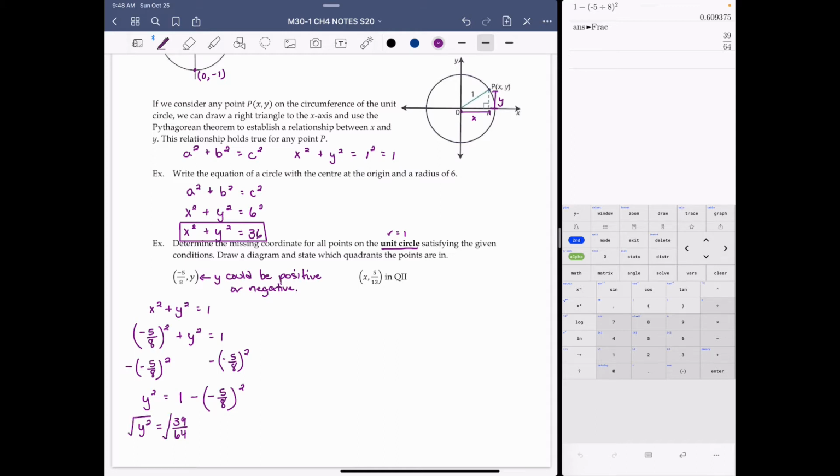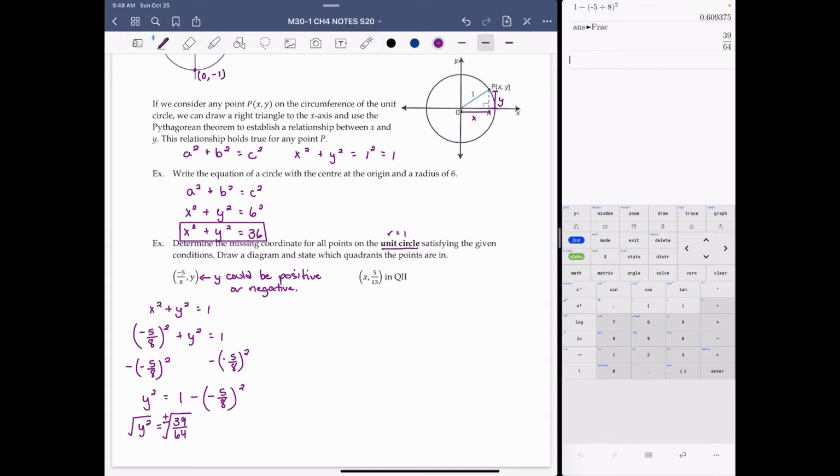But remember, when we are isolating a variable, if we square root an unknown value that's squared, we have to do plus minus, because we don't know if y started as a positive and then got squared and became a positive, or started as a negative and then when it's squared it becomes a positive. So we have to look at both cases.